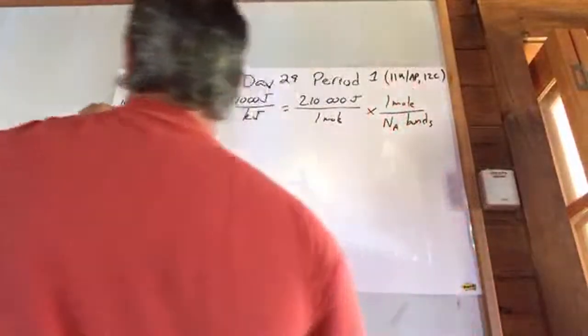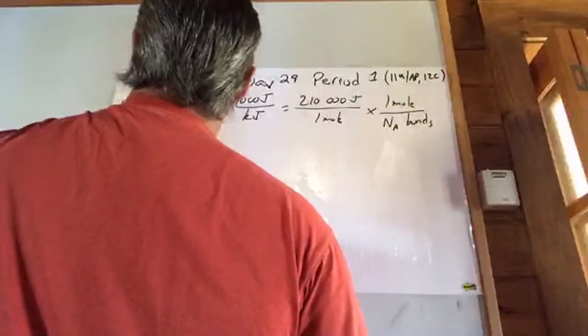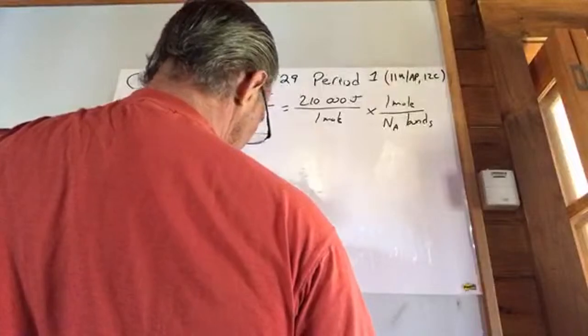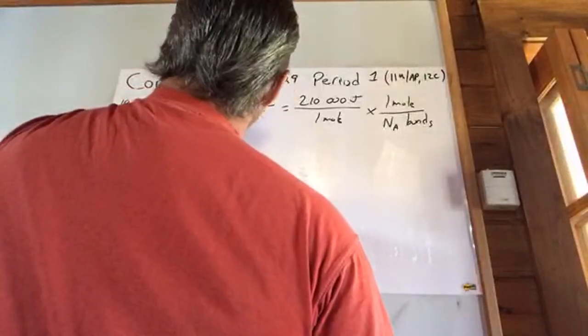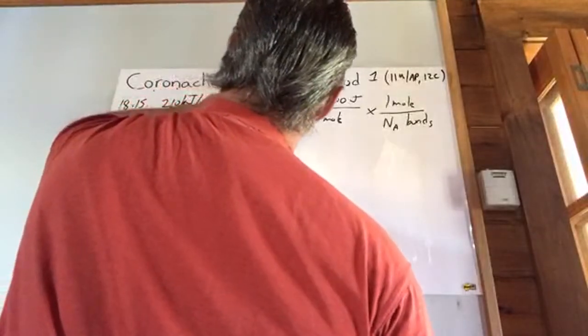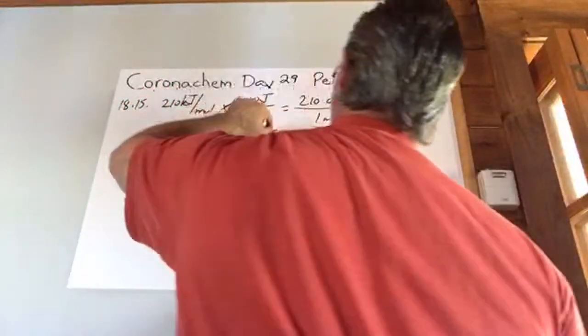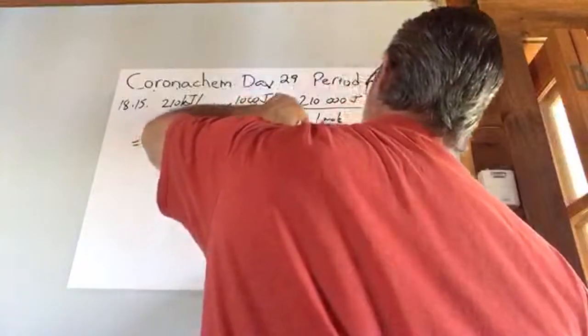So what you get is 3.4871 times 10 to the negative 19 joules for 1 bond to break.